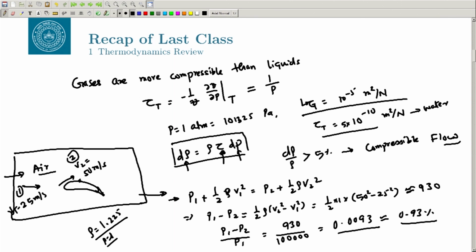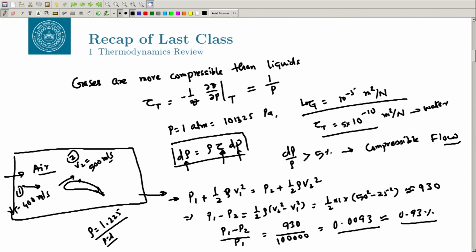Let us say now you change it to a higher value. Say it started at 400 meter per second, and this went to 500 meter per second. In this particular case, remember this is a compressible case.